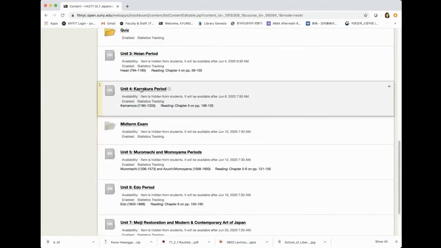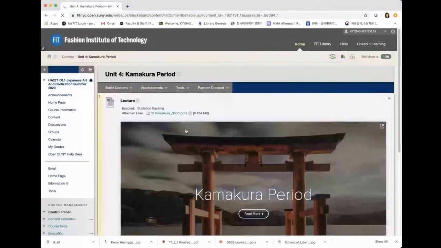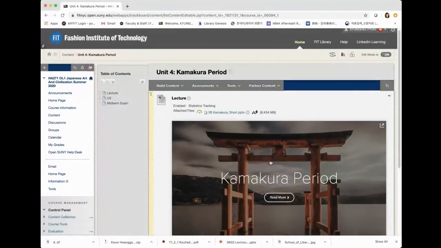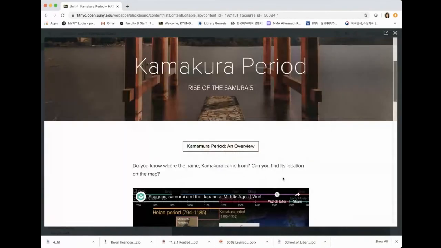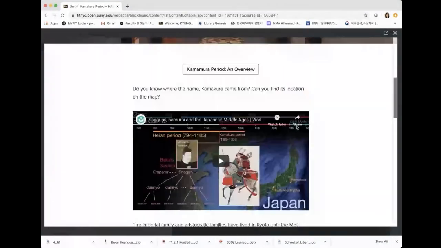So Kamakura period is what I am going to lecture today. So you cannot open it yet, but if you open it later, you will see the PowerPoint again, and then our usual slideshow like this. So this is very important, Rise of the Samurais. I usually put themes, the most important themes of this period, so you can read the overview.